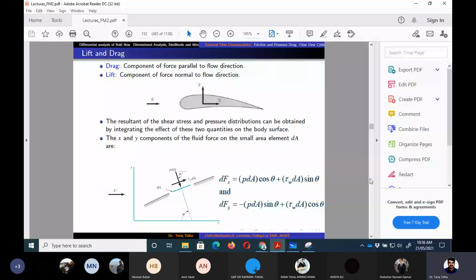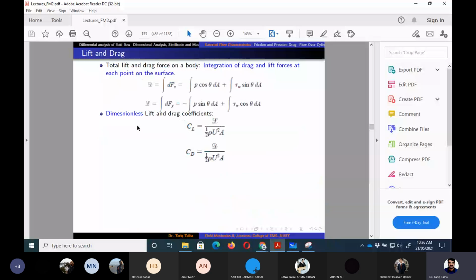Then we can represent these two forces in terms of non-dimensional terms like CL, which is the coefficient of lift, and CD, which is the coefficient of drag. Both are dimensionless properties, and we define them because we want to express how much drag or lift there would be depending upon the shape of the geometry rather than the area.